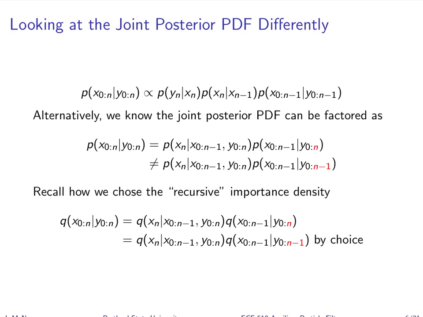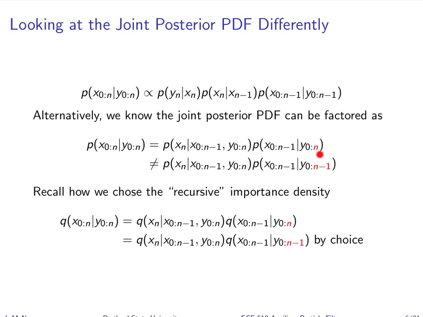And another way in which we could factor out the joint posterior using Bayes' rule is instead to pull out the term x of n and make that the term that goes into the marginal, where it's conditioned on everything else. And then we end up with this. But when you break it out this way, now we've got the probability of the state from 0 to n minus 1 conditioned on y of 0 to n, not n minus 1.